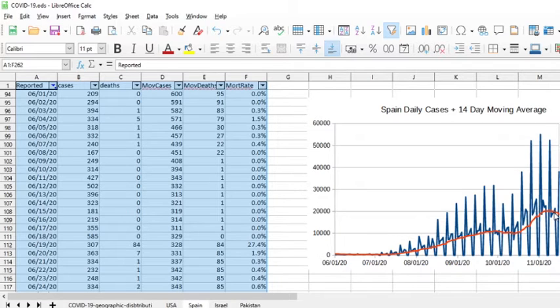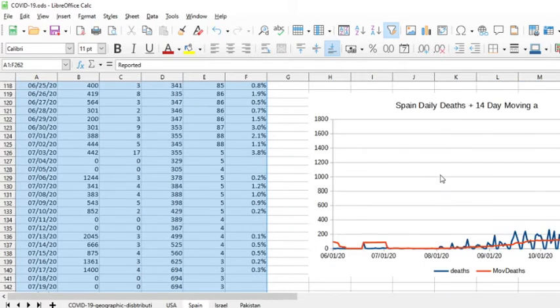This is saying 20,000, or is it 2,000? 20,000 cases here on average for that day. Deaths are increasing somewhat. We have a spike here for some odd reason. Deaths are close to 400 for one day here.